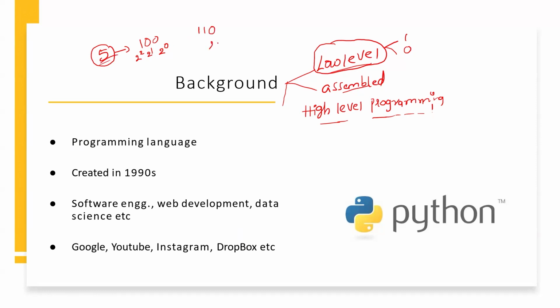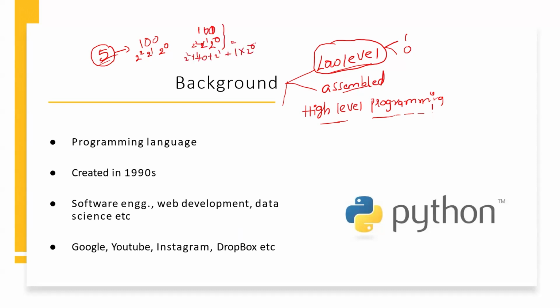So binary is 2 to the power of 0, 2 to the power of 1, 2 to the power of 2. So 2 to the power of 0, what is the answer? It is going to be 1 into 2 to the power of 0, plus 0 into 2 to the power of 1, plus 2 to the power of 2 into 1.